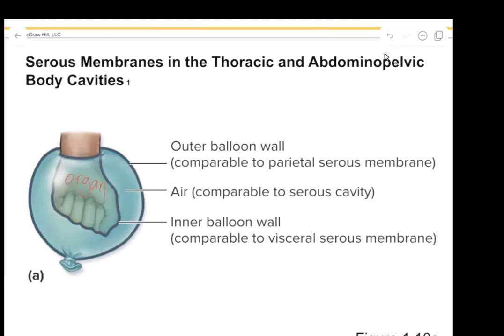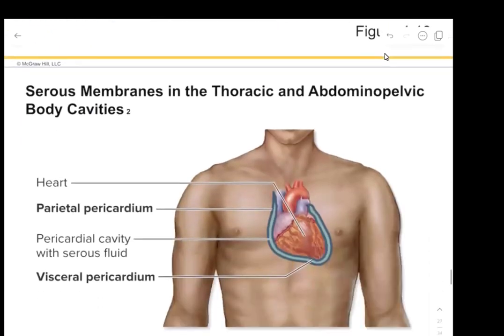And then the one that is superficial to that would be the parietal serous membrane. So again, this is the parietal serous membrane, and this would be where the visceral serous membrane would be.